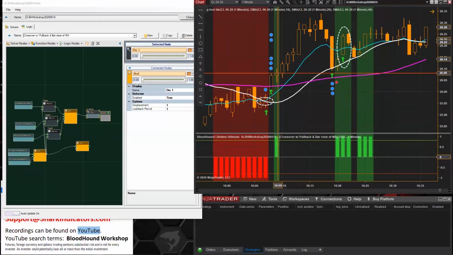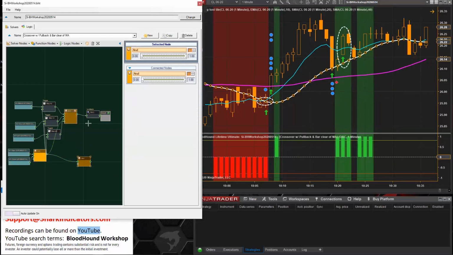That makes sure that this bar back here doesn't also qualify for step number 4. Although it could, because step 4 just says the open and close need to be above the SMA 40, which it is, there. So this could also qualify.